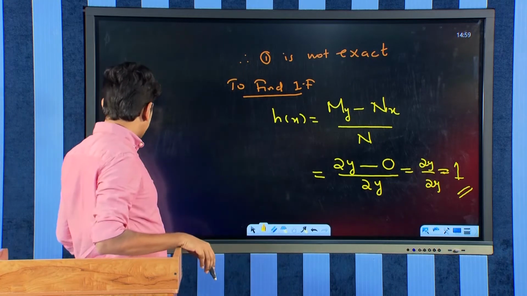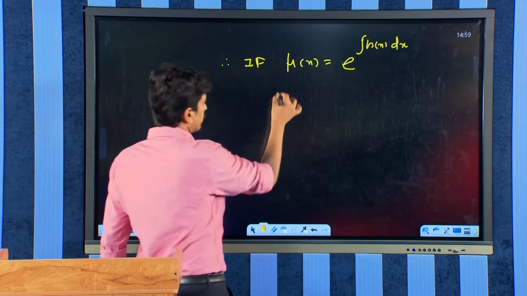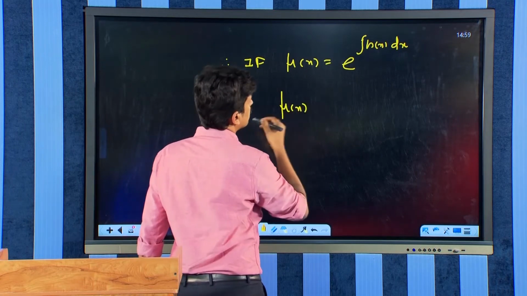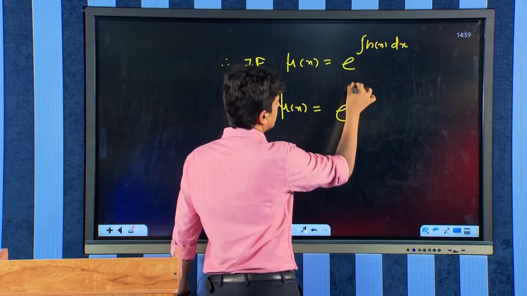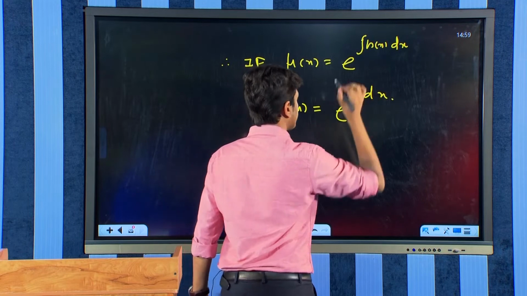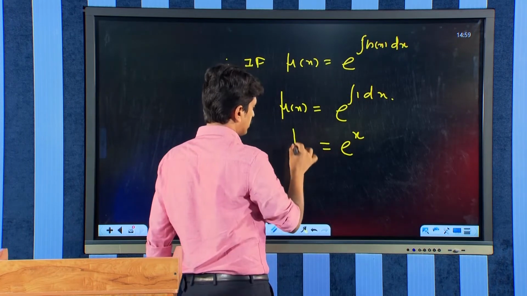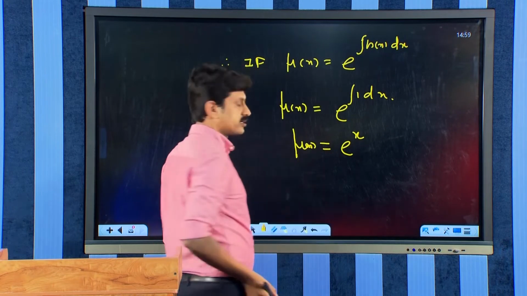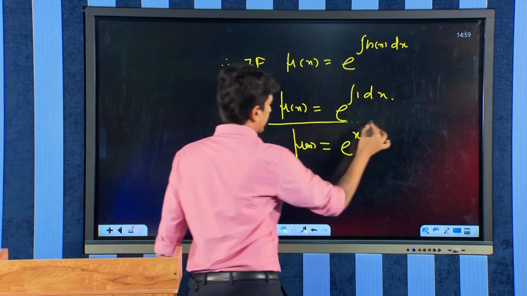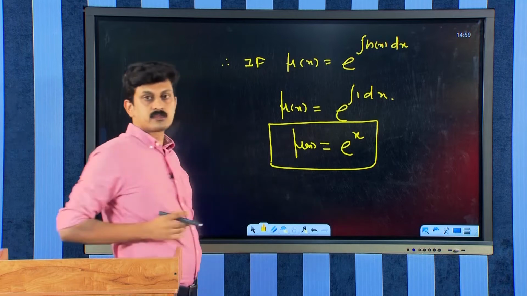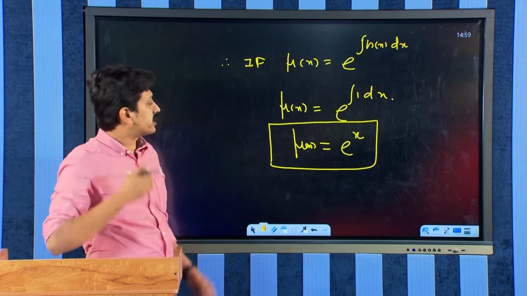So mu of x is equal to e raised to the integral of 1 dx, which is e raised to x. This is mu of x, the integrating factor. Okay, fine, we found the integrating factor.